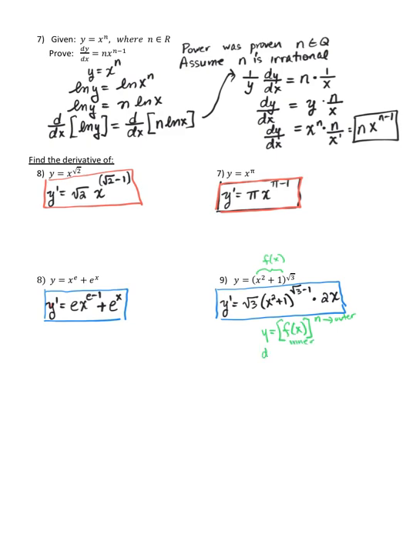So the derivative in this case would be n, the base to the n minus 1, times the derivative of the inner function, which is the derivative of the base. So in this case, we get the square root of 3 times the x squared plus 1 to the square root of 3 minus 1. That's the power rule, keeping the x squared plus 1 intact, times 2x. And that's our answer for number 9.